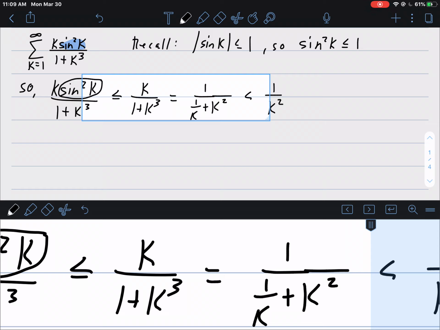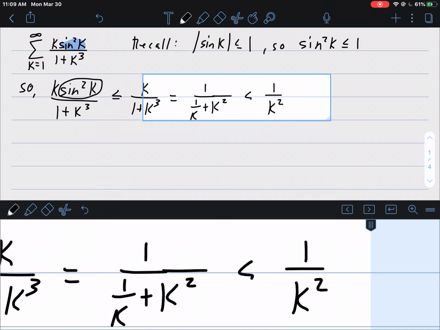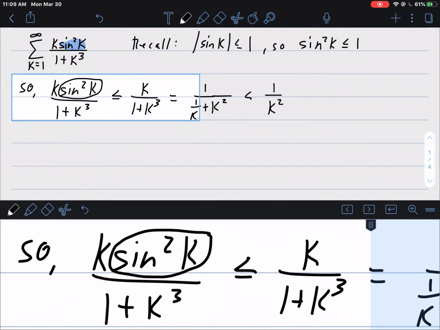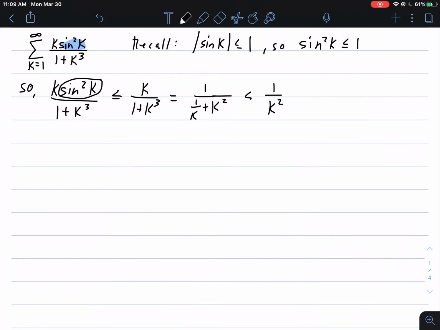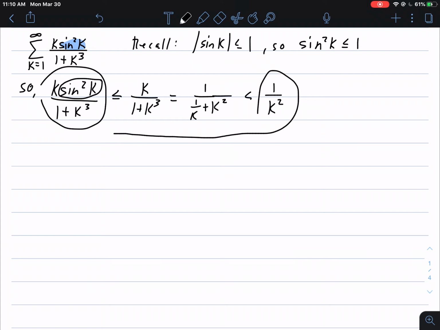That's just a rewriting of that function, which we know is less than 1 over k squared. So ultimately, the terms of our series would have to be less than the terms of these, because that is less than that, which is equal to that, which is less than that. Progressing from left to right, our series is always going to be smaller than 1 over k squared.